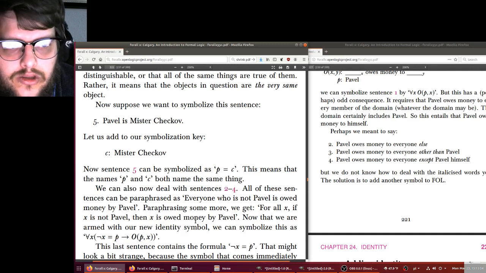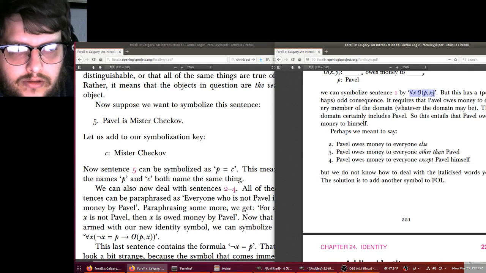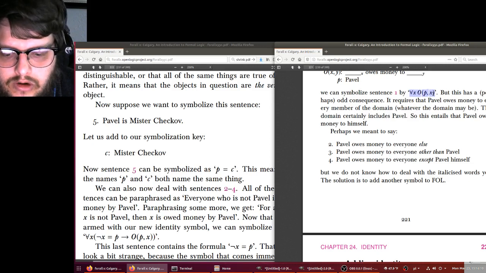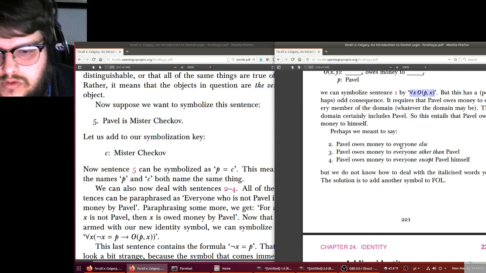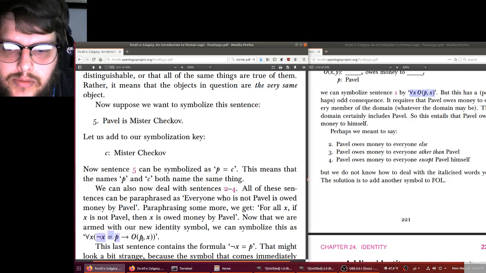Okay, you can see how this is better than this original formalization because Pavel doesn't owe money to himself. So, if you want it to be specifically that Pavel owes money to people that are not Pavel, then you do need this beginning part that sort of excludes Pavel from the list of people that Pavel owes money to.